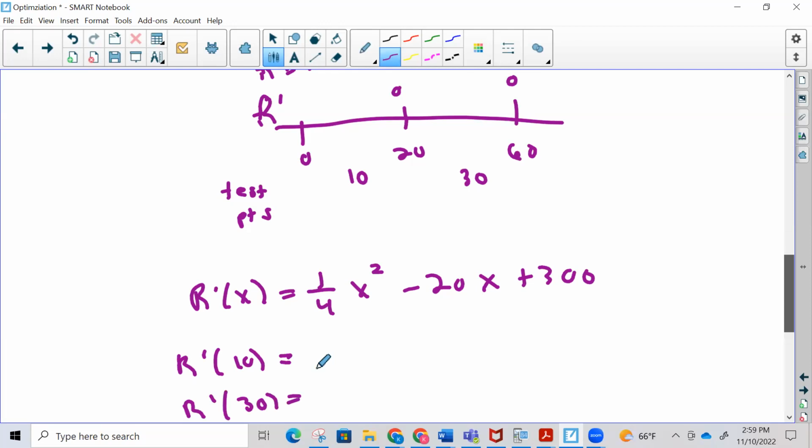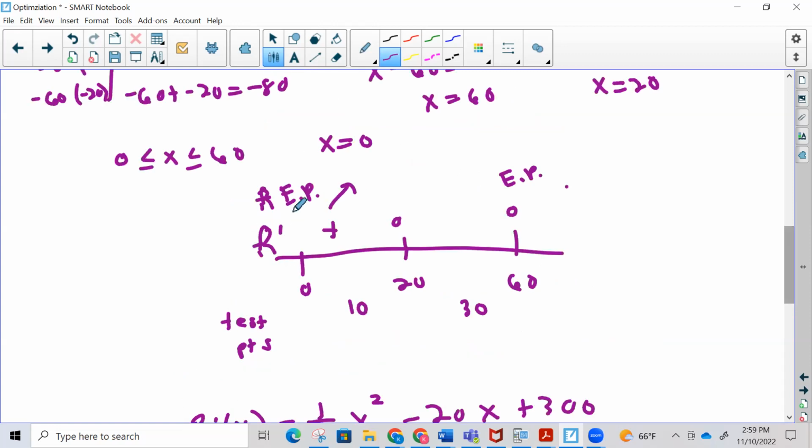I'm just going to do this in my calculator. So I'm plugging in 10 everywhere I see X. So we get 125. So this is positive, which means R is increasing. So that's going to mean this endpoint of 0 is a min.